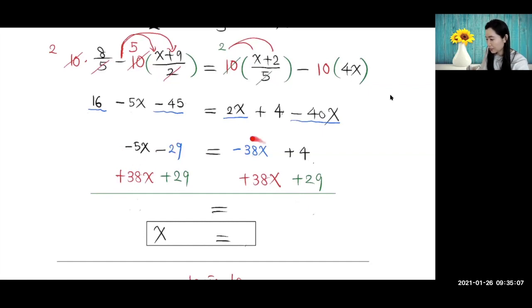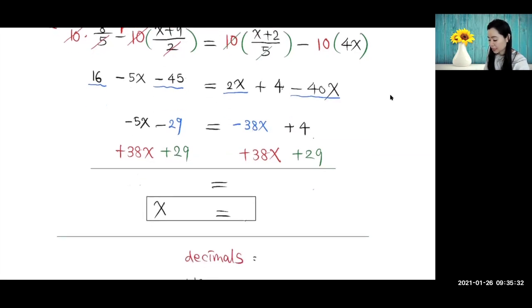So I will get rid of this -38x on the right side by adding 38x on both sides of the equation. And then I want the number to be on the right side of the equation. So I need to get rid of this number on the left side. So I add 29 on both sides of the equation.